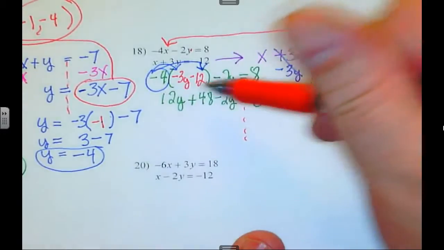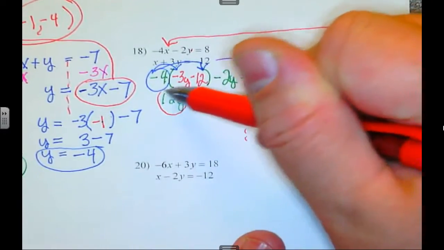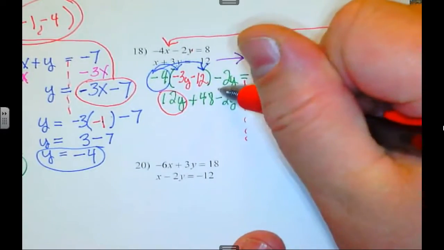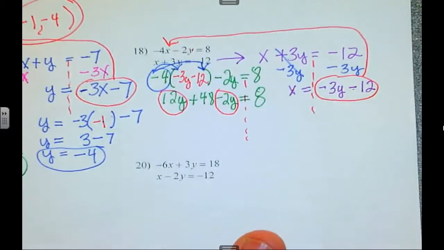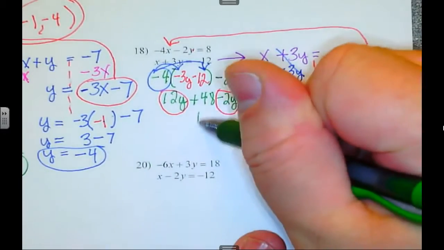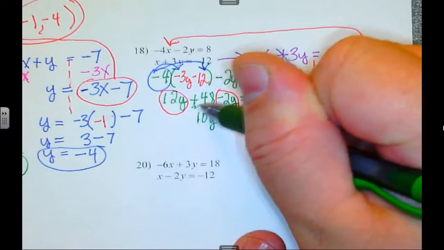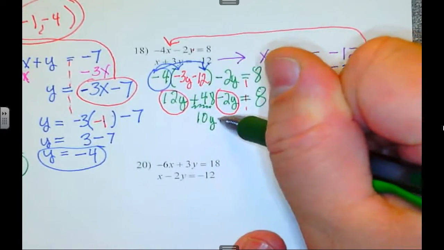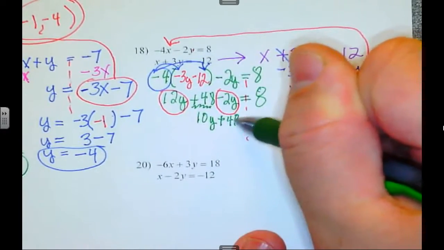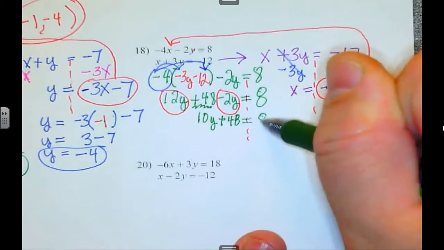Combine like terms on the same side of the equal sign. 12y minus 2y, 10y. I have my plus 48 equals 8.